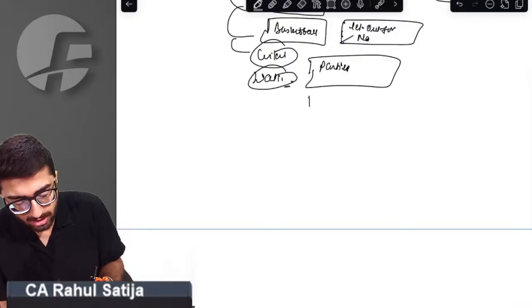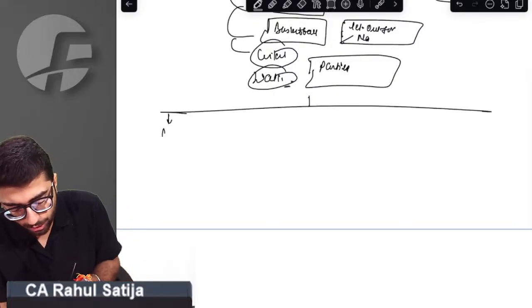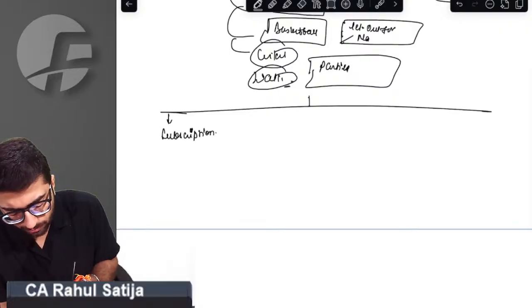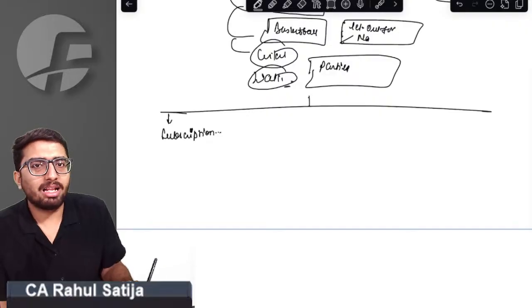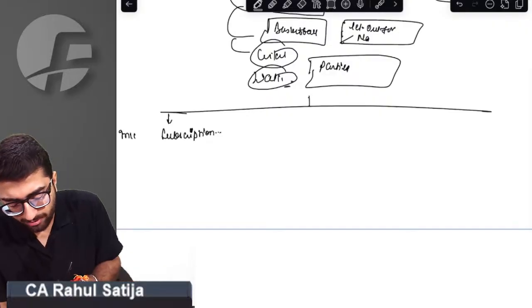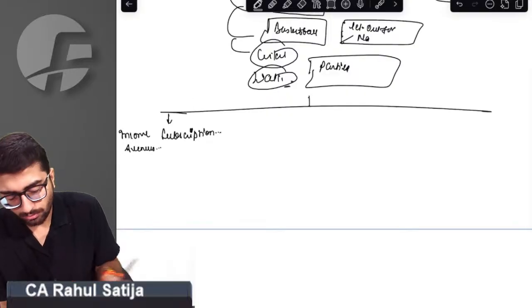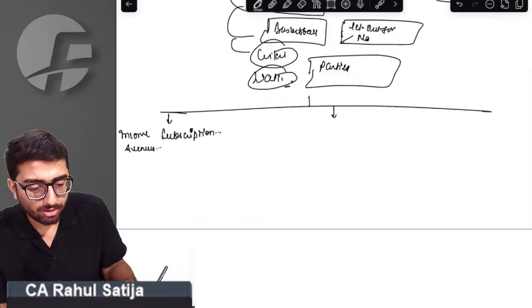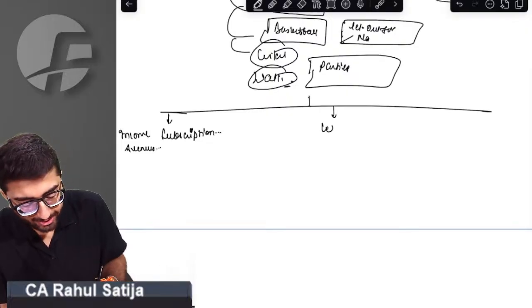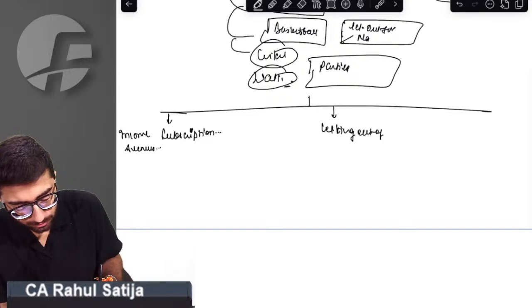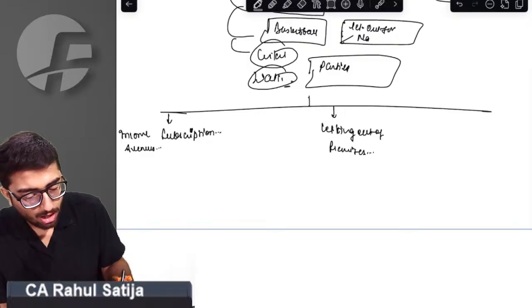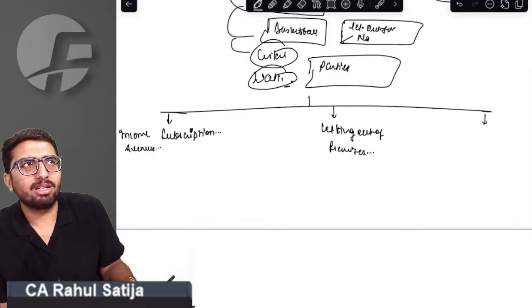Income avenues are, first of all, subscription. Another income avenue is letting out of premises. What other income avenue can there be for this trade association?